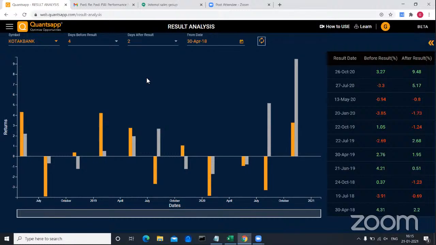Now I'm assuming the result is coming on the 25th and I think the expiry is on the 28th. So you will hardly have 26, 27, 2 to 3 days of time, if you are expecting a big movement, or a small movement, and you are setting up your trade accordingly.